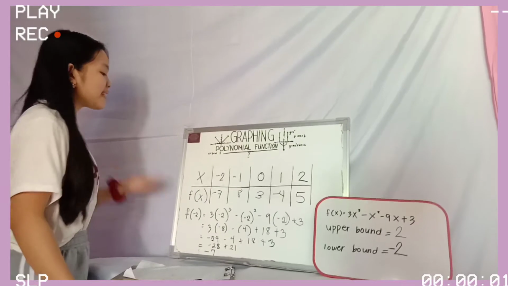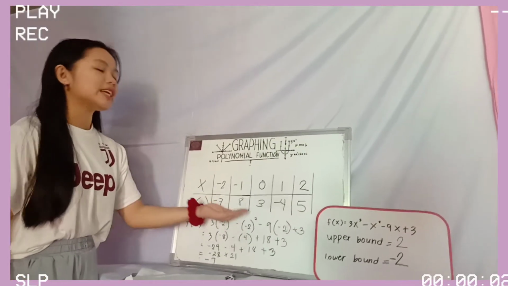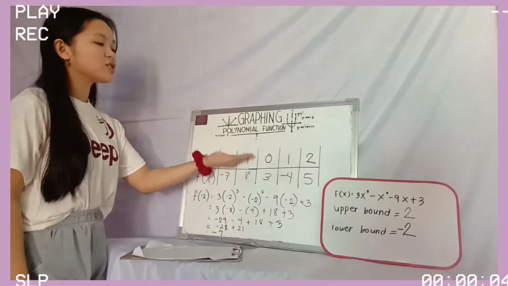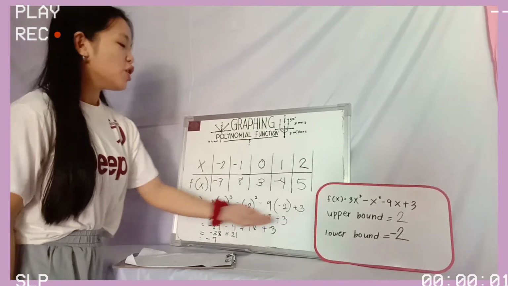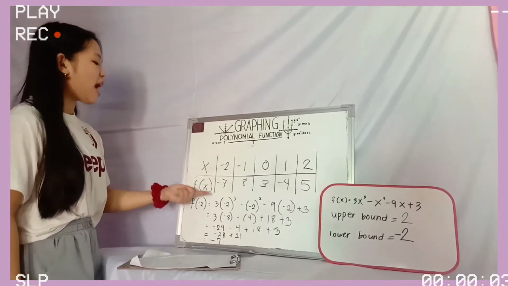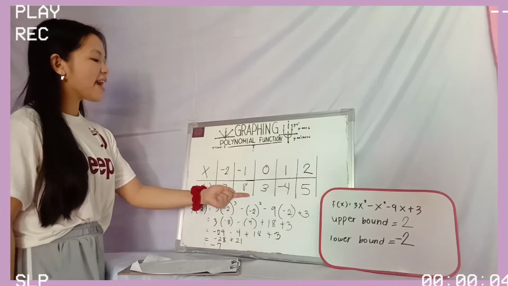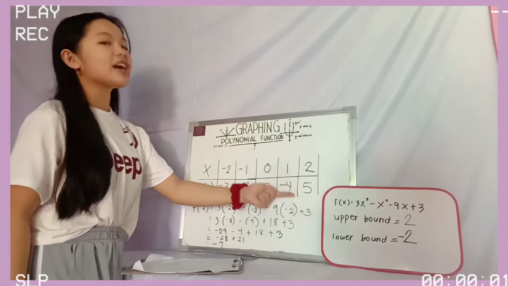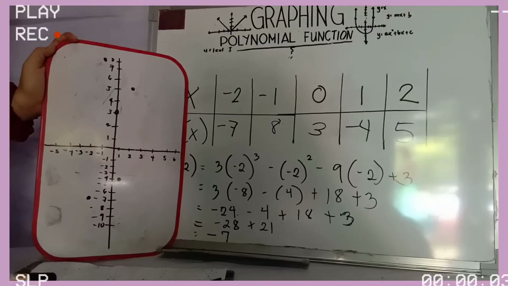Again, in getting the values of y, we need to substitute the value of x to the given polynomial function. So these are our values of y: negative 7, 8, 3, negative 4, and positive 5.